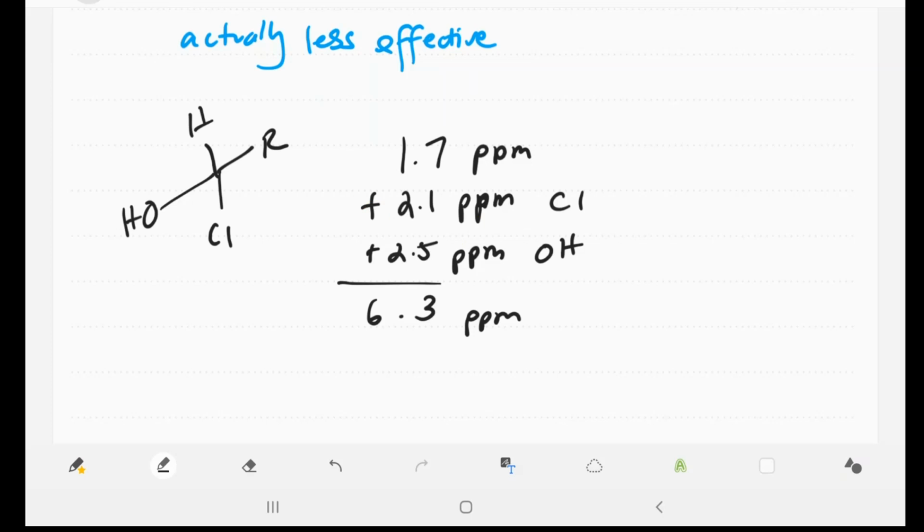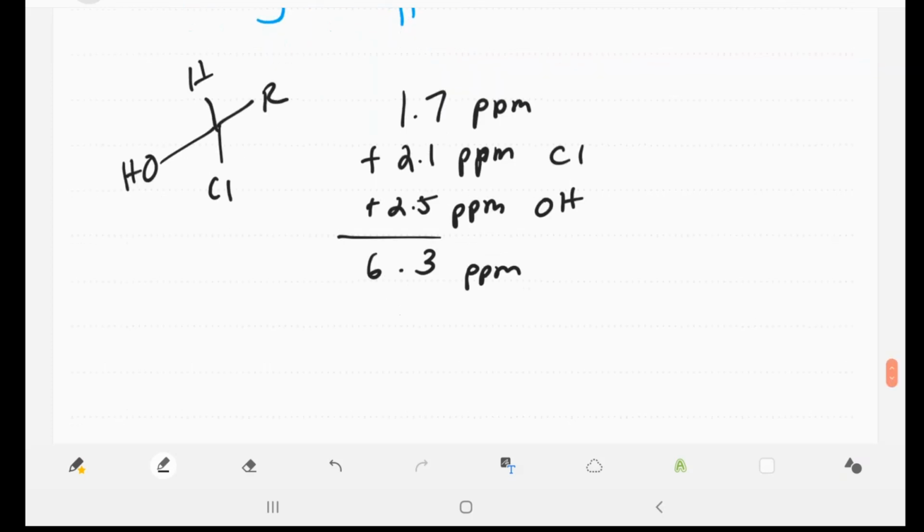We might predict 6.3. However, it will show up at about 5.68 or so, using magic mathematics. So again, a little bit less. Not quite additive. We have a little bit less than we'd expect. So just be aware of that. That's where we would find that.